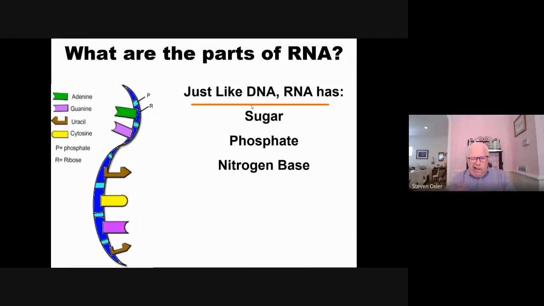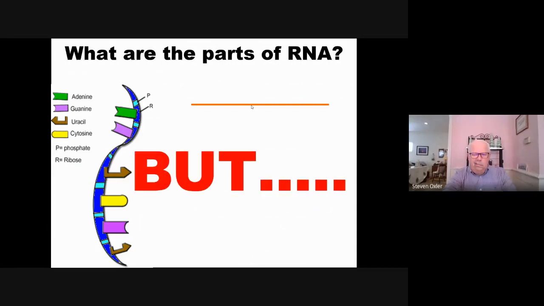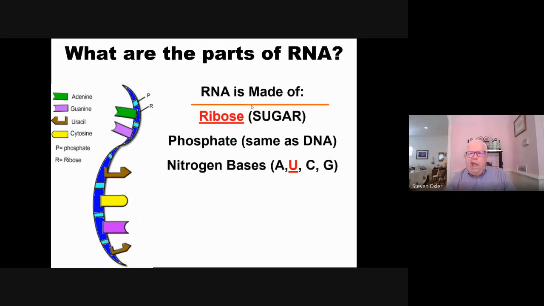But just like DNA, RNA has sugar, phosphate, and a nitrogen base. RNA sugar is ribose. The phosphate is the same as DNA, but the nitrogen bases are different. Uracil has replaced thymine.